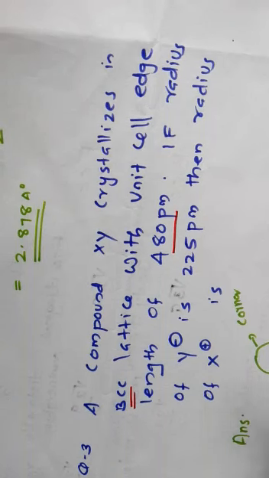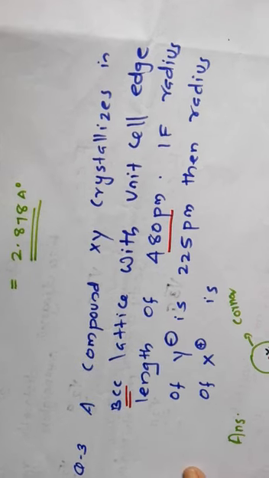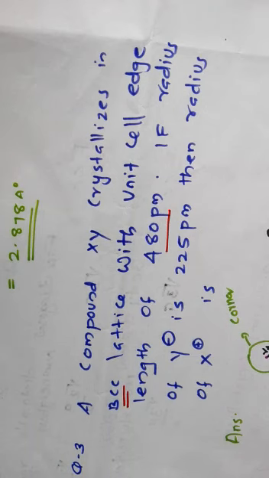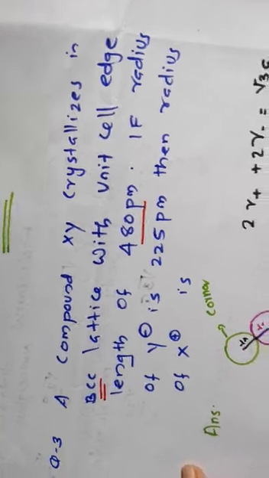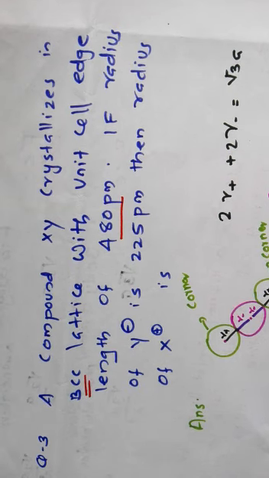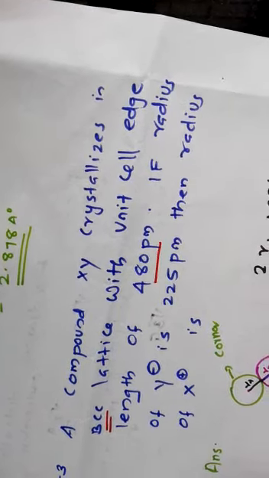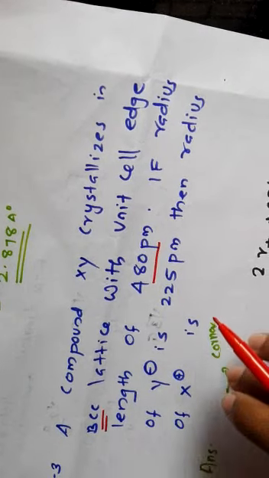Therefore, we assume that X plus is present at corners and Y minus is present at the center of the body. Okay, you can have a different arrangement, no problem. Anyway, it's a BCC, its edge length is given. They want to know the radius of X plus, given the radius of Y minus.